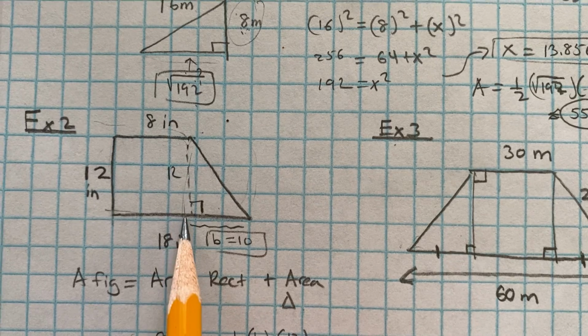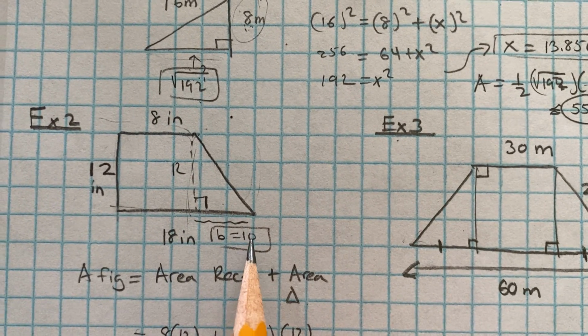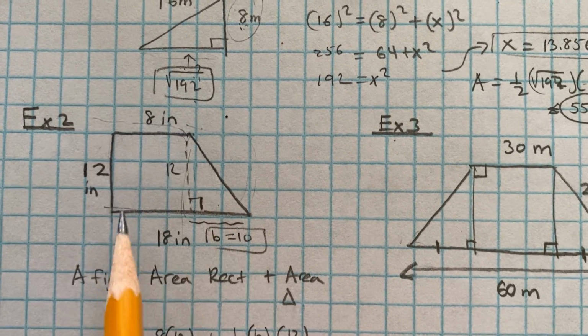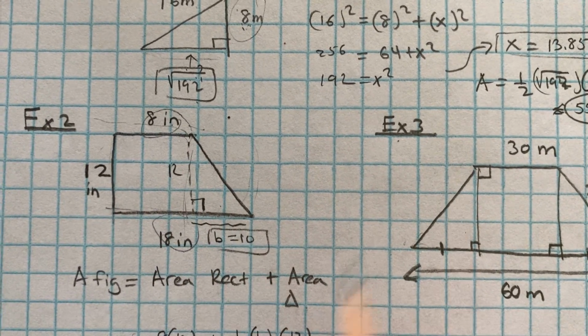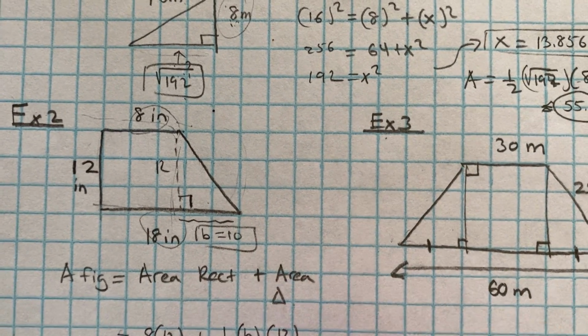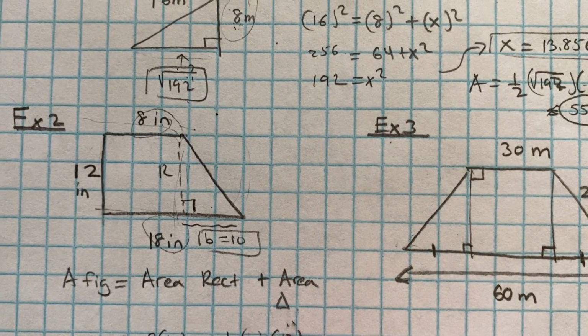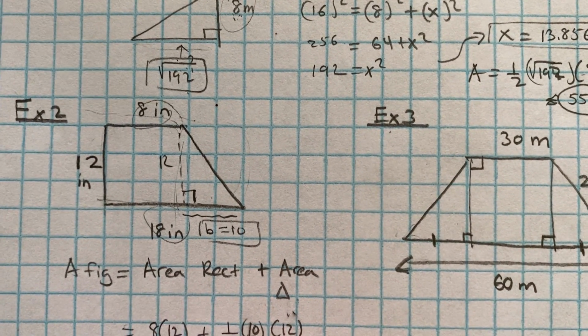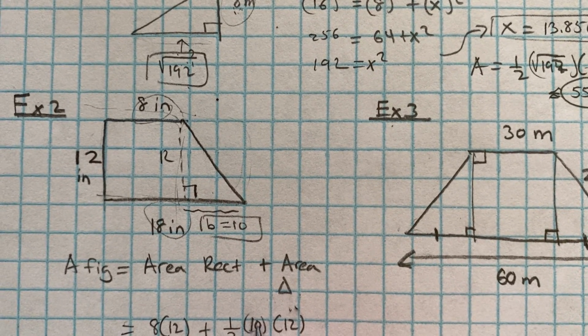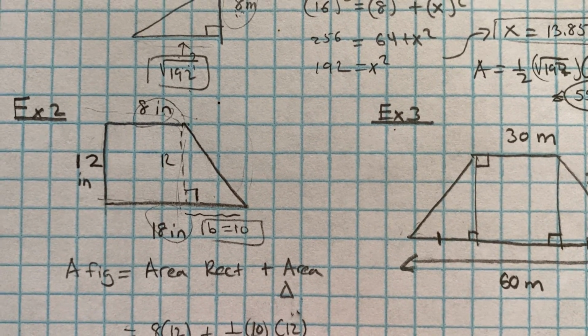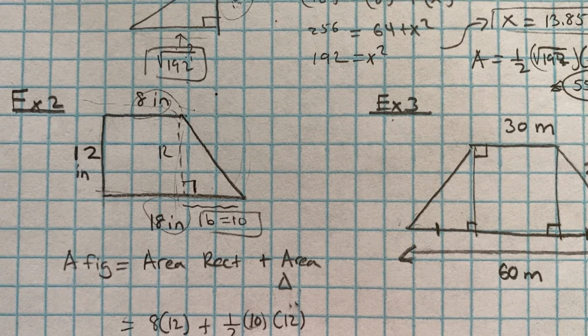You kind of draw a dashed line. 10 plus 8 will give you 18, or you could just do 18 minus 8 is 10. So this guy right here is just 10. And then you can do the math. 96, half of 10 is 5, 5 times 12 is 60. You're gonna get 156.